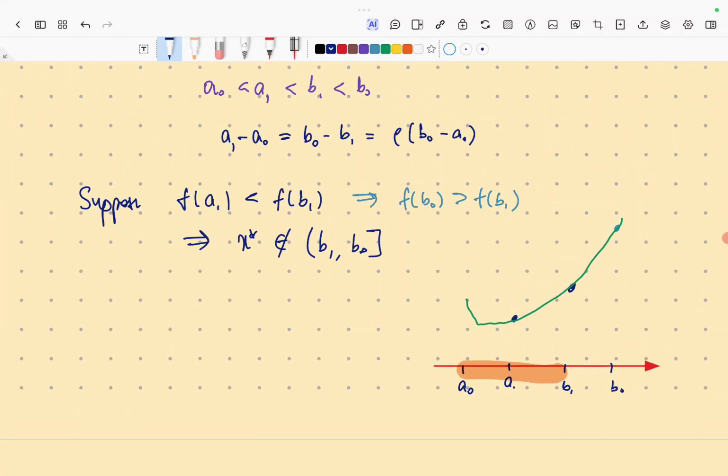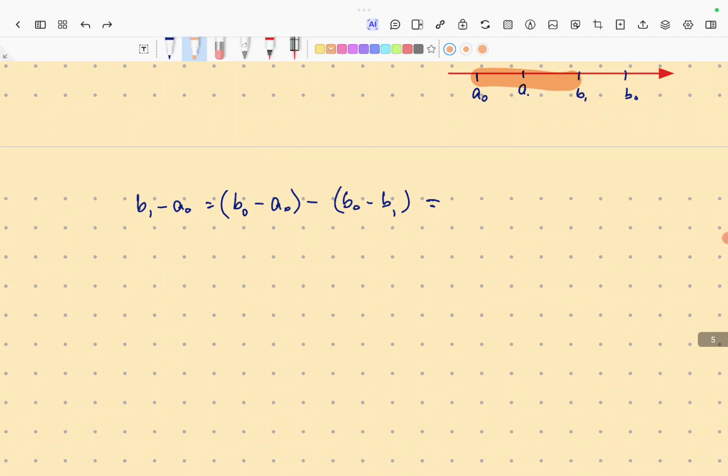It is rho times B0 minus A0, because that's how I've chosen B1 and A1. So this is equal to 1 minus rho times B0 minus A0.